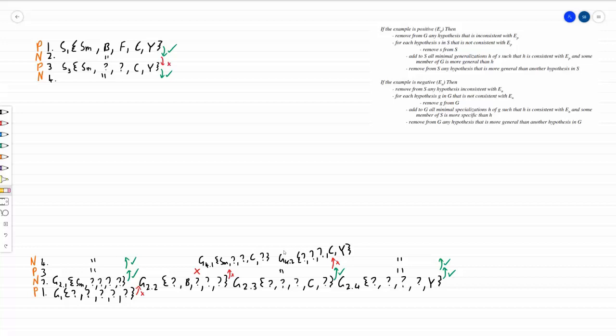Now, we've generated two more, and we still have our ones from before, because they were still consistent, but now we remove from G any hypothesis that is more general than another hypothesis in G. These have basically a specification of 2. Each of these have specifications of 1. So they are more general, so we don't actually keep them.